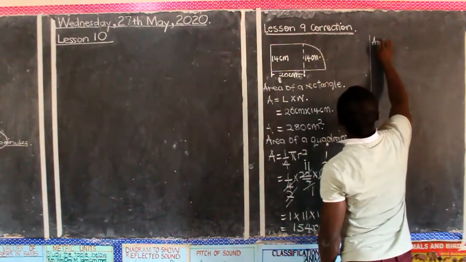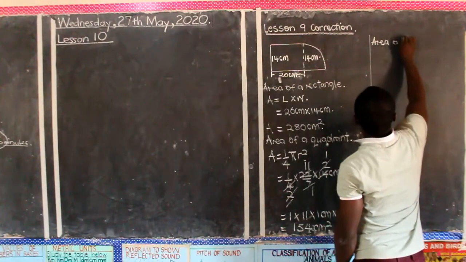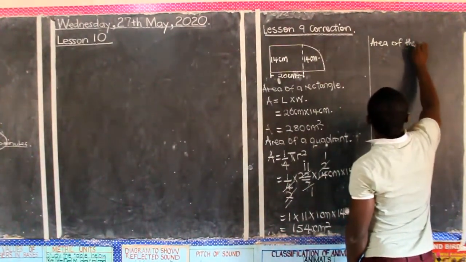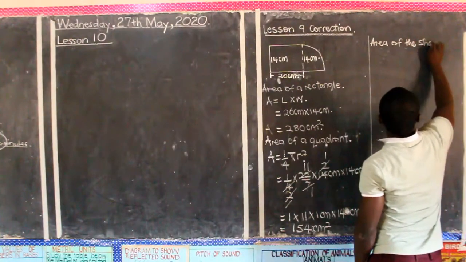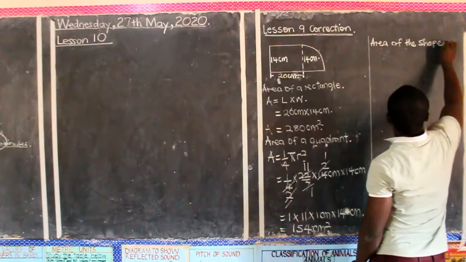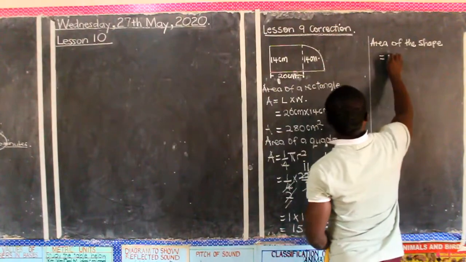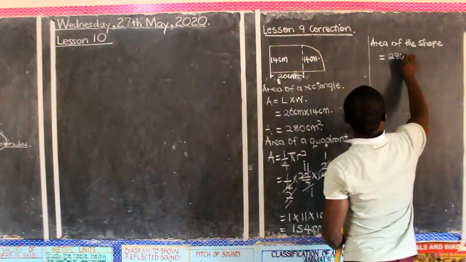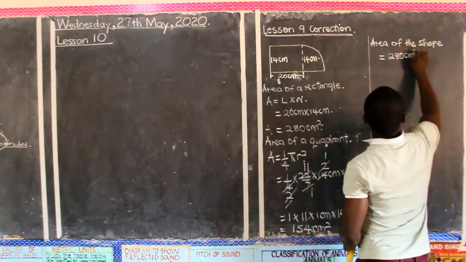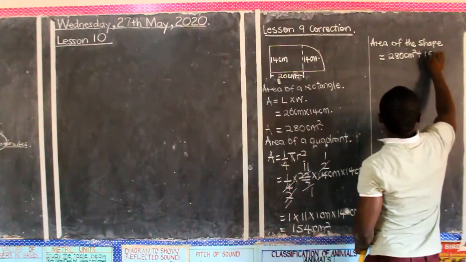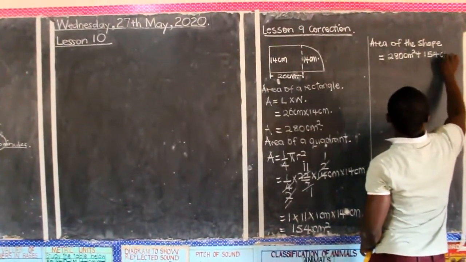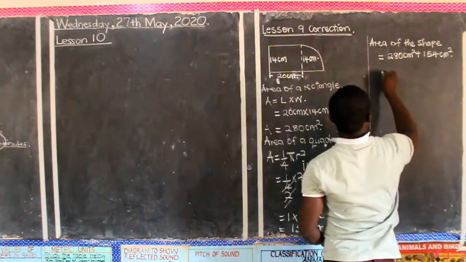Area of the shape equals 280 square centimeters plus 154 square centimeters.